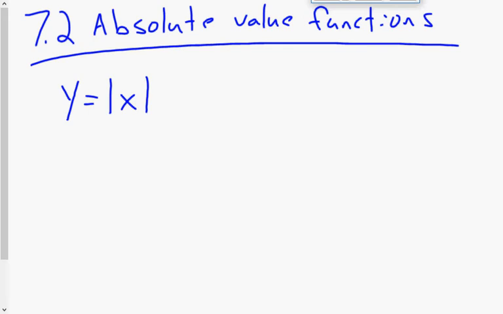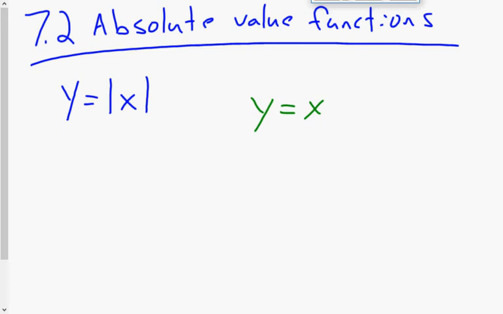Y equals x. If we were to graph, that's just the absolute value of this. Y equals x, right? We've seen one of these before, haven't we? This is a linear function, okay?